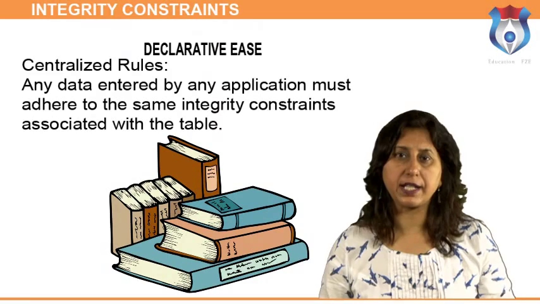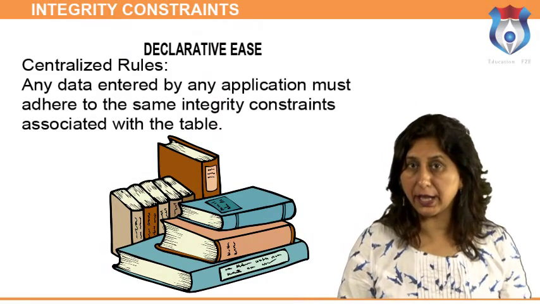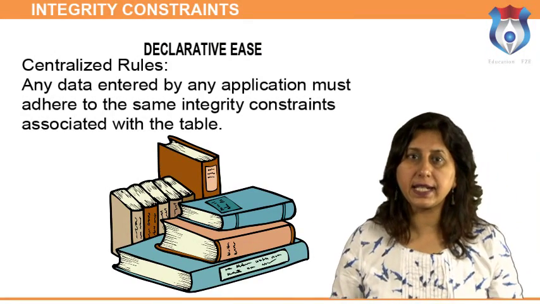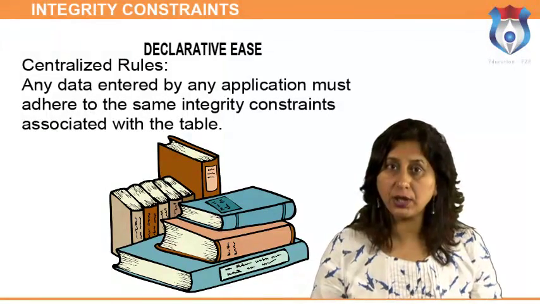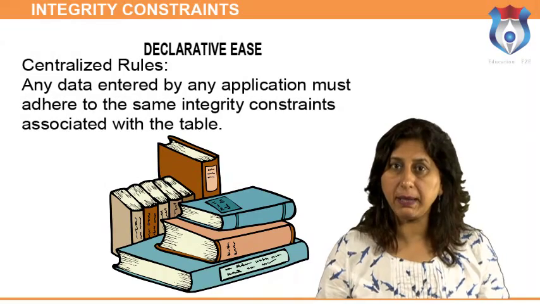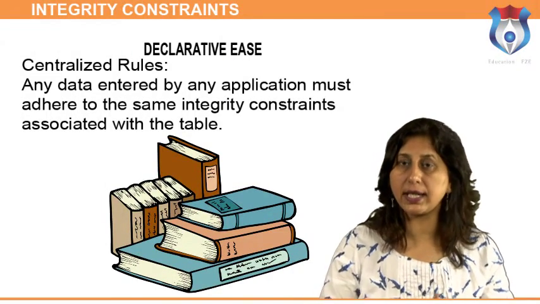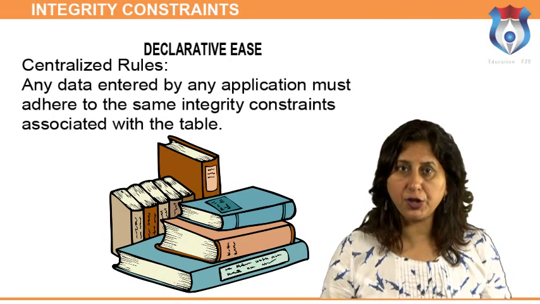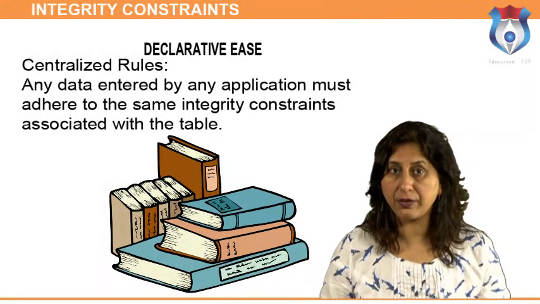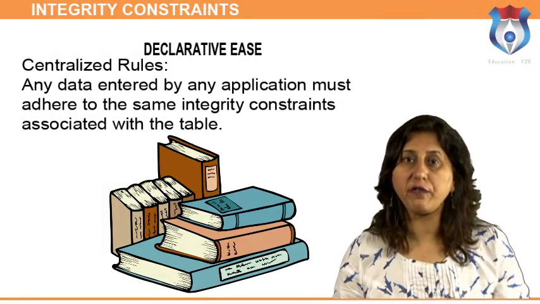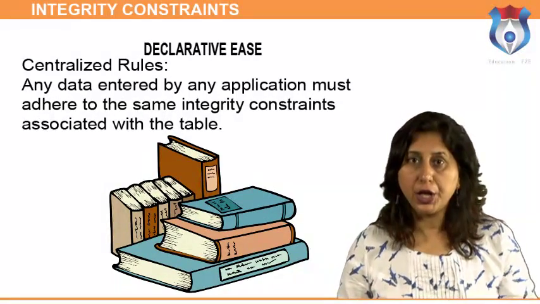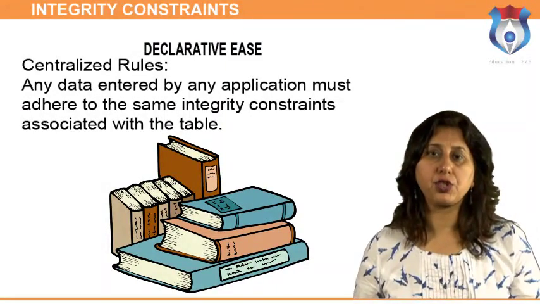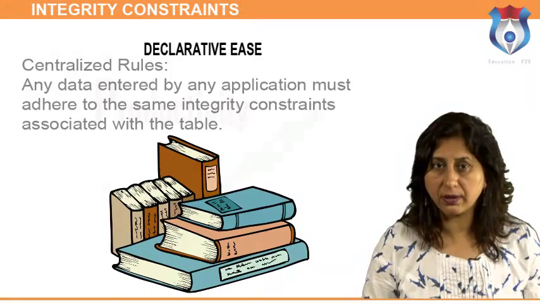Integrity constraints are defined for tables, not an application, and are stored in the data dictionary. Any data entered by any application must adhere to the same integrity constraints associated with the table. By moving business rules from application code to centralized integrity constraints, the tables of a database are guaranteed to contain valid data no matter which database application manipulates the information.